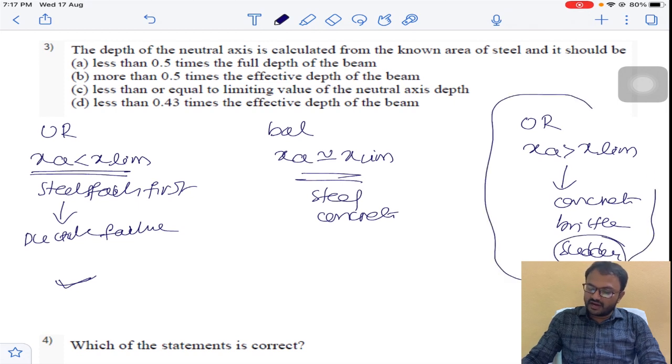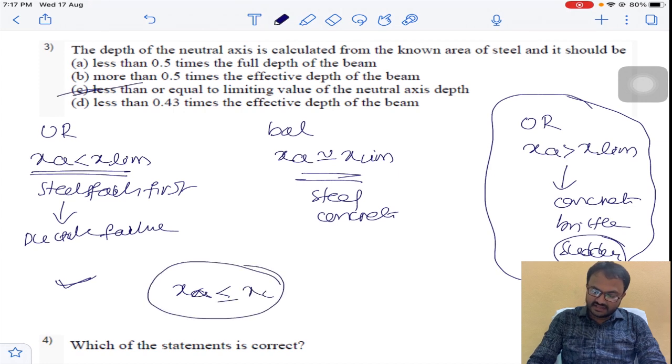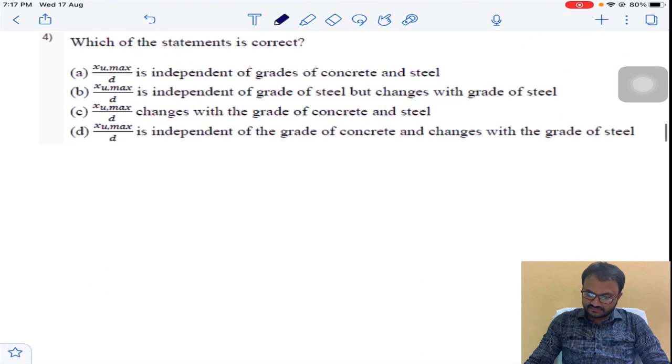So we will not adopt this. So Xu is less than or equal to Xu max, the limiting value of neutral axis depth, because we adopt these two sections only. We will not adopt any over-reinforced section. Clear? So for question number 3, answer C.